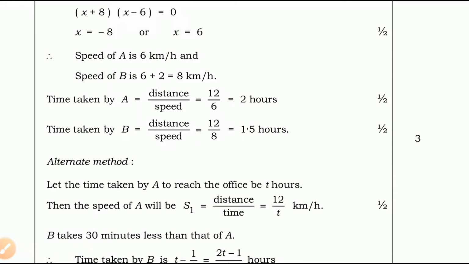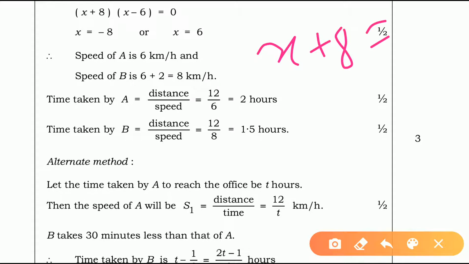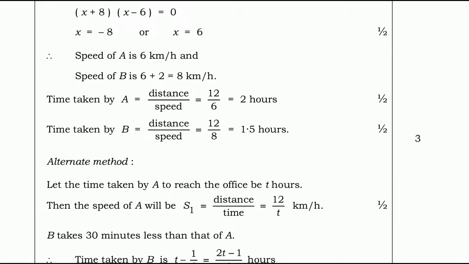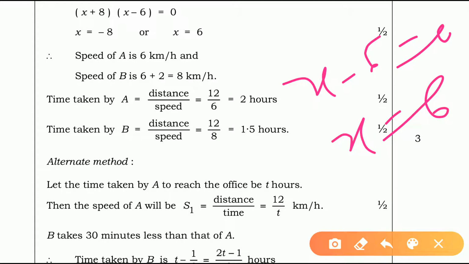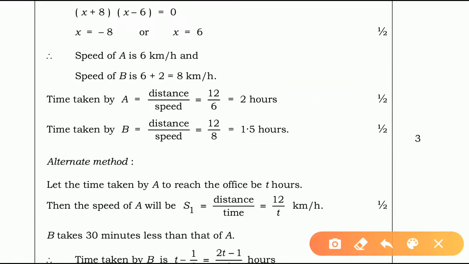According to the zero product property, x plus 8 is equal to 0, so x is equal to minus 8, or x minus 6 is equal to 0, so x is equal to 6. Therefore the speed of A is 6 km per hour. The speed of B is 6 plus 2, equal to 8 km per hour.